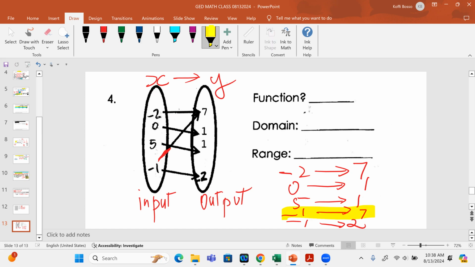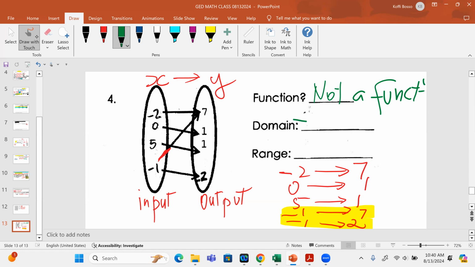That's the way you have to do it. The domain here is -2, 0, 5, -1. And the range are 7, 1, we write it once, and the 2. In the list of a domain and a range, you don't write down numbers 2 times. It's just 1.